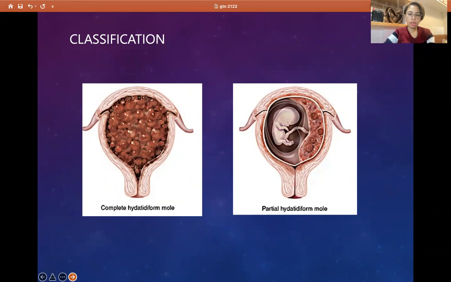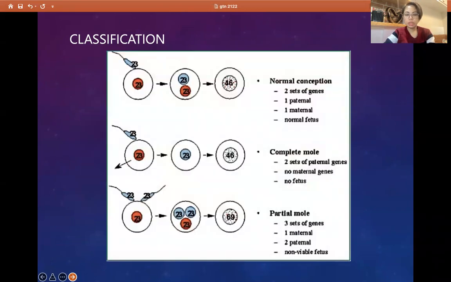Again, H mole can either be complete or partial. So in this illustration, you'll be able to appreciate the difference in the karyotype for complete and partial. Now, normally, there should be two sets of genes, one paternal and one maternal.